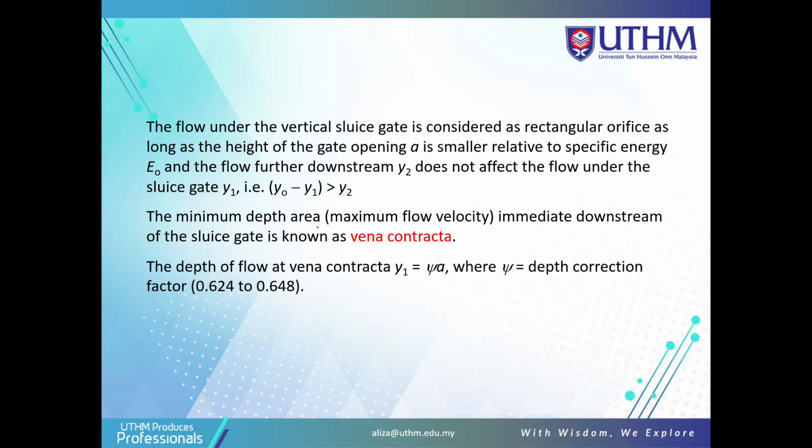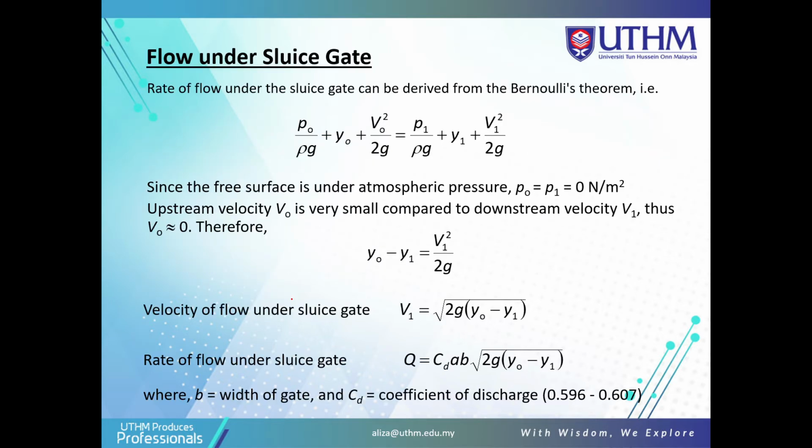The minimum depth area with maximum flow velocity immediately downstream of the sluice gate is known as the vena contracta. The depth of flow at the vena contracta Y1 is equal to the depth correction factor times a, based on this range of values. The rate of flow under the sluice gate can be derived from the Bernoulli theorem.